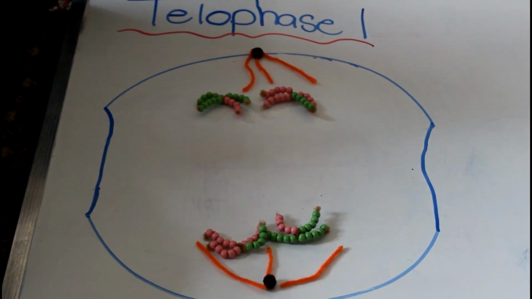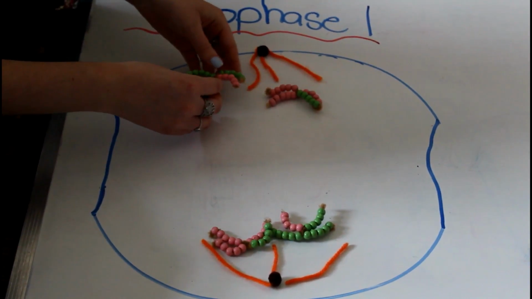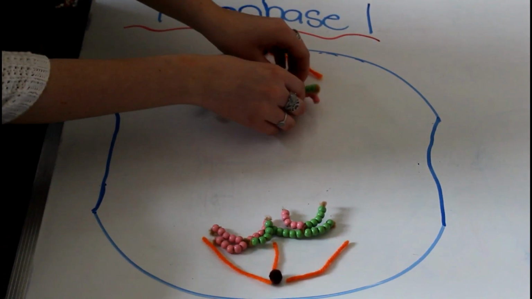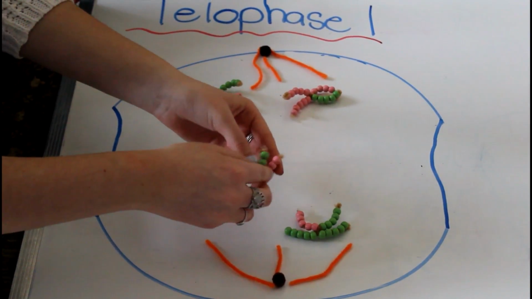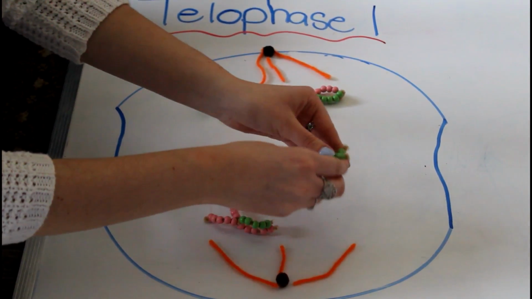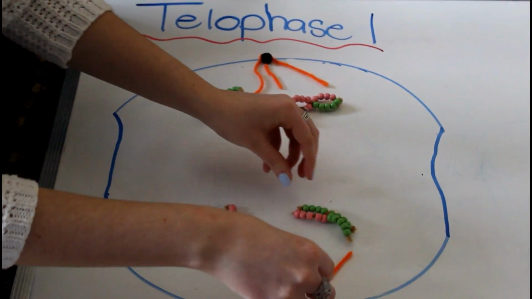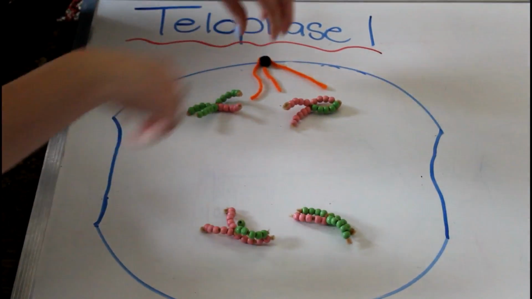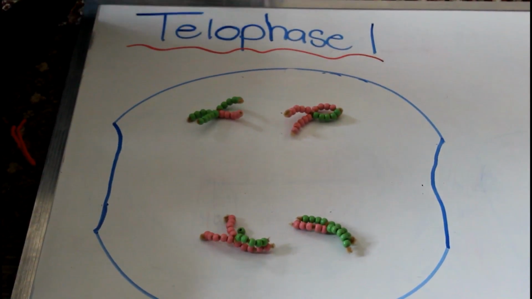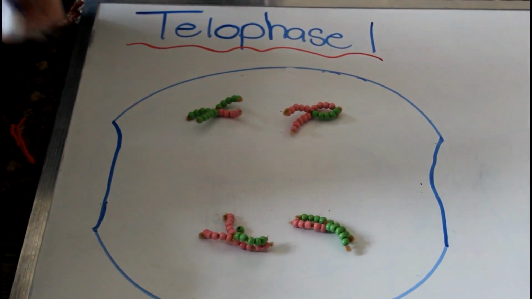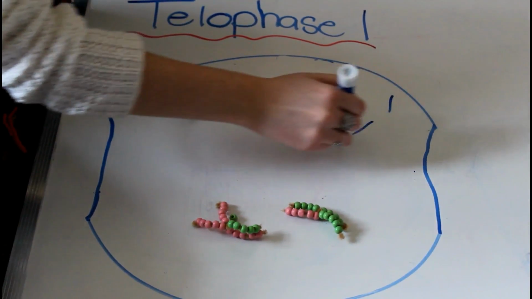Telophase 1. The homologous chromosomes begin to uncoil, and the spindle fibers disappear. Cytokinesis takes place, and a nuclear membrane forms around each group of homologous chromosomes.